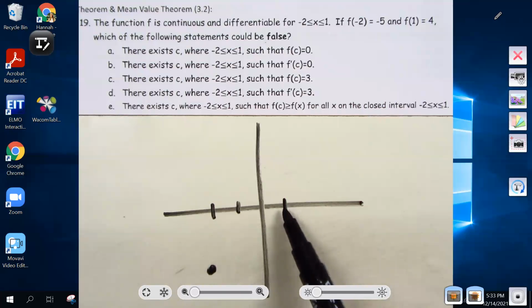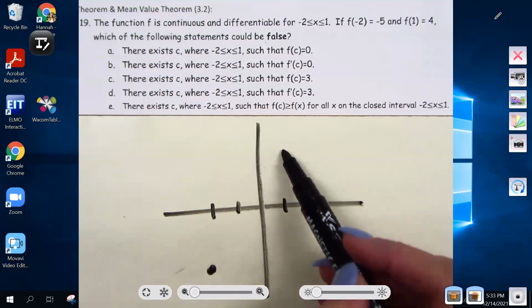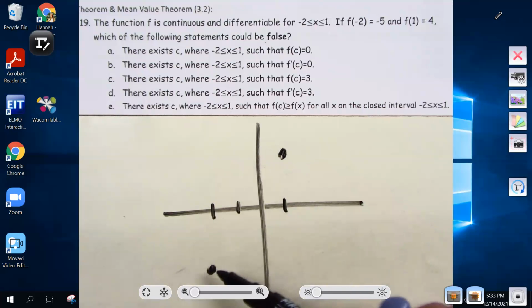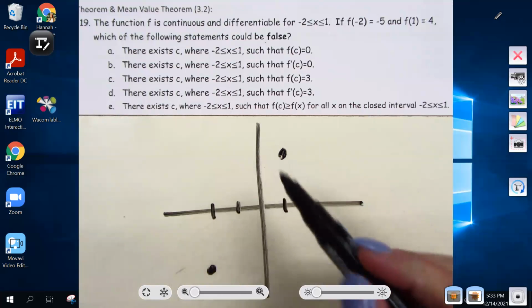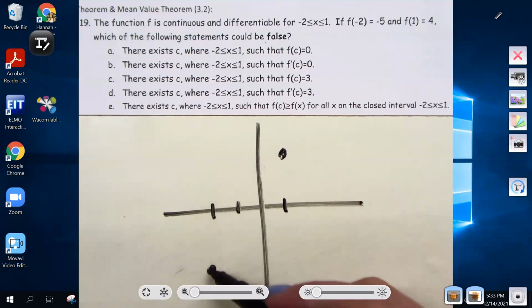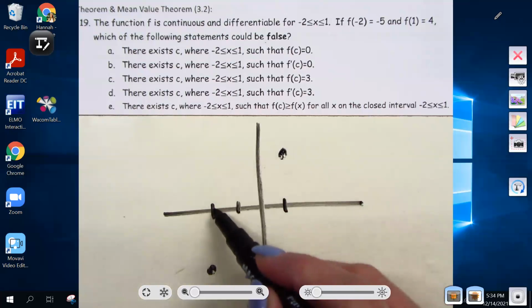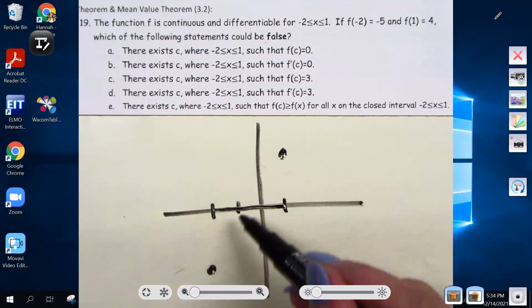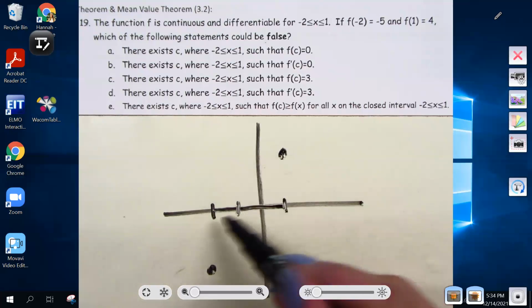At an x value of 1, we have a y value of 4, somewhere up here. So if the function is continuous, which it says that it is, that means to get from this point to this point, you've got to cross the x-axis somehow. So there will be a value where the y value is 0.